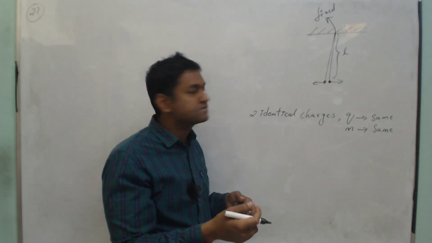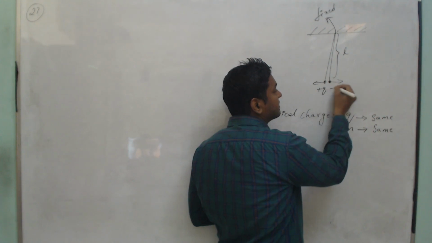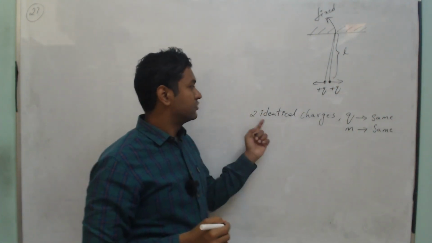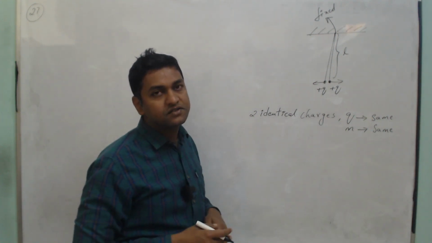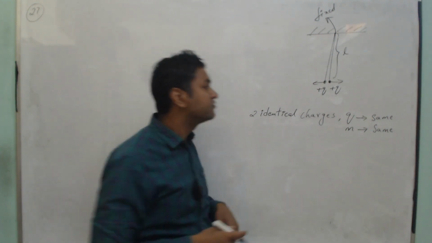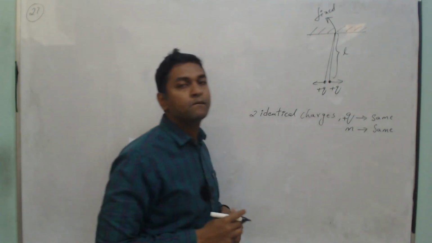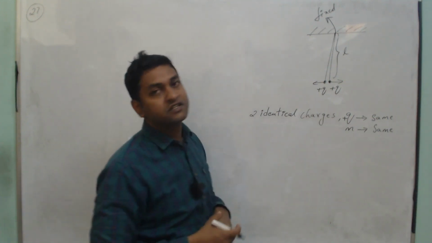How do we know it is opposite? Because like charges repel each other. Two identical charges, each having a charge of plus q. So there will be a repulsive force on each other due to each other.